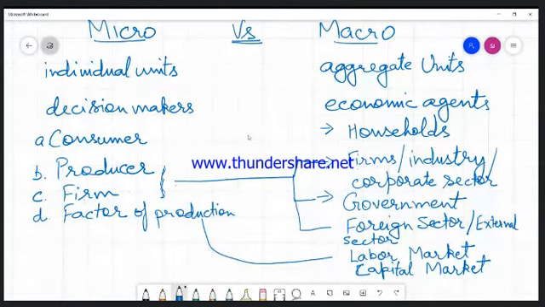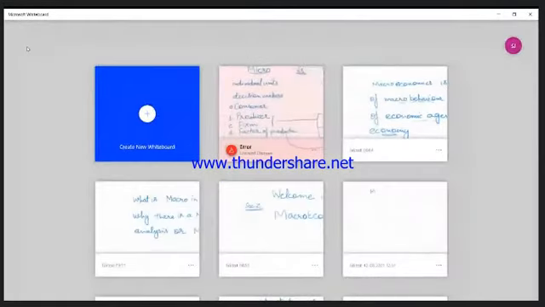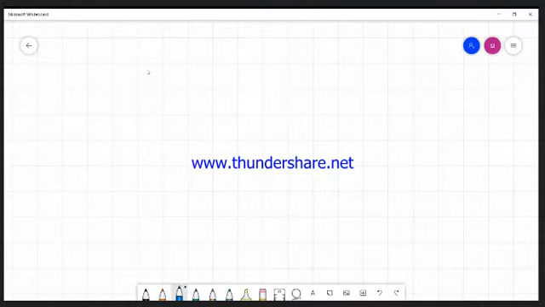Again, because we are talking about economics, we are talking about study of economic behavior. But in terms of microeconomics, the study of economic behavior is at the individual level, and in terms of macro, it is at the aggregate level.